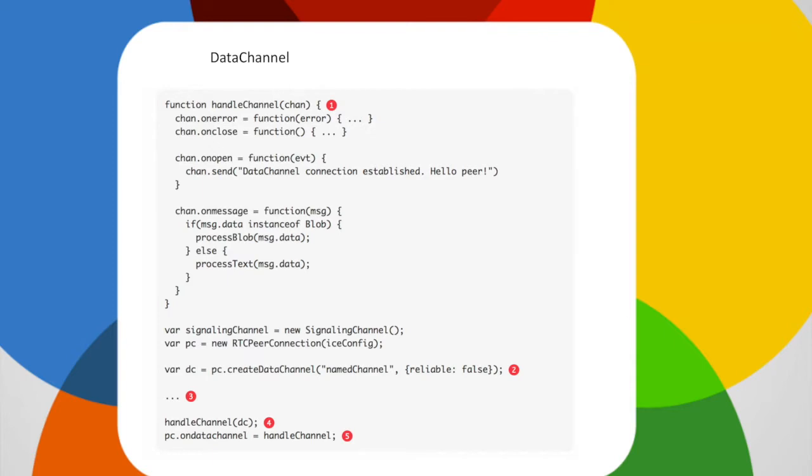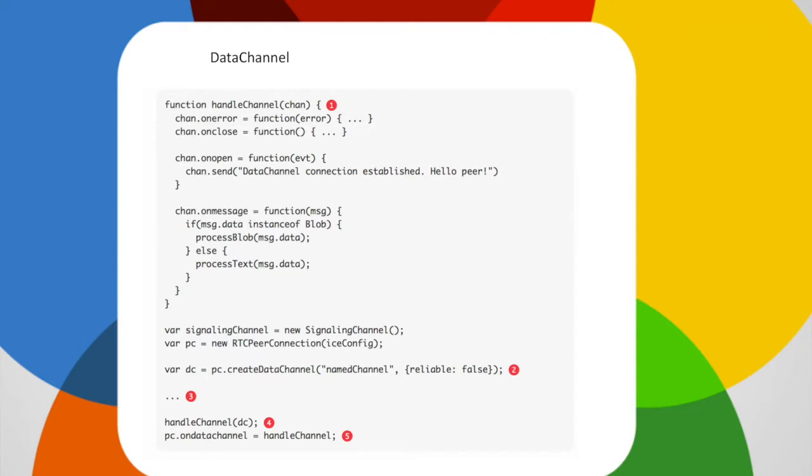Line 2 initializes a new data channel with the offer. Line 3 is the regular RTC peer connection offer or answer code. Line 4 registers a callback on the locally initialized data channel. Line 5 registers a callback on the data channel initiated by the remote peer.